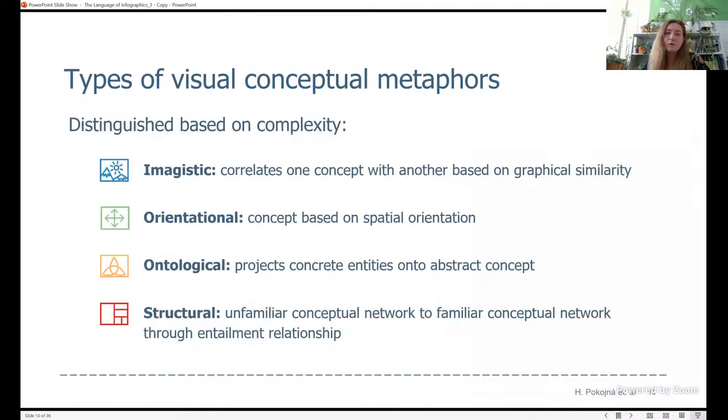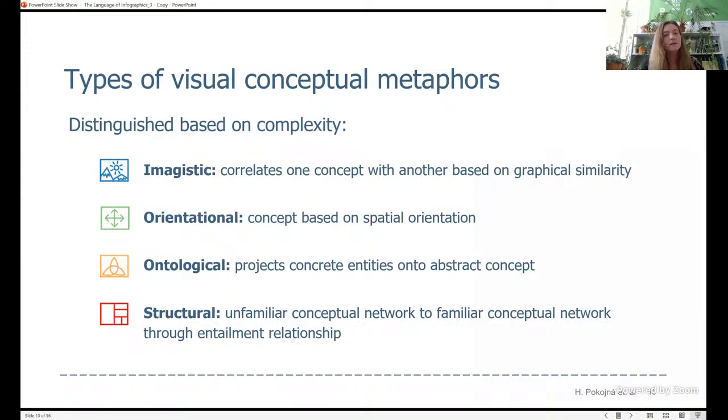And here I will give you a very brief overview and then show you specific example in later slides. So these 4 different types of metaphors are distinguished based on their complexity. So the most basic one is imagistic, which tells you about the concept and specifically just the graphical similarity, so not about the function. We have orientational metaphor, which tells you about a concept based on its spatial orientation or placement.